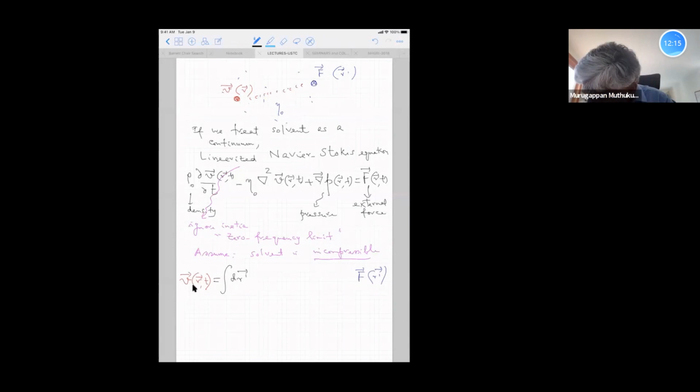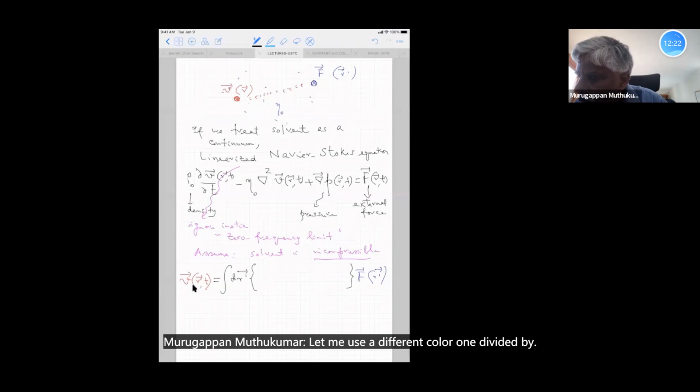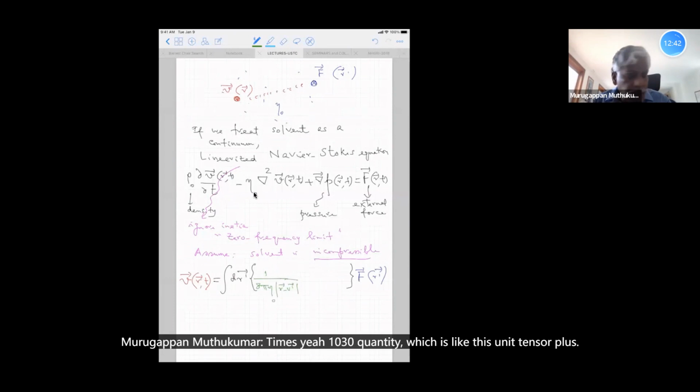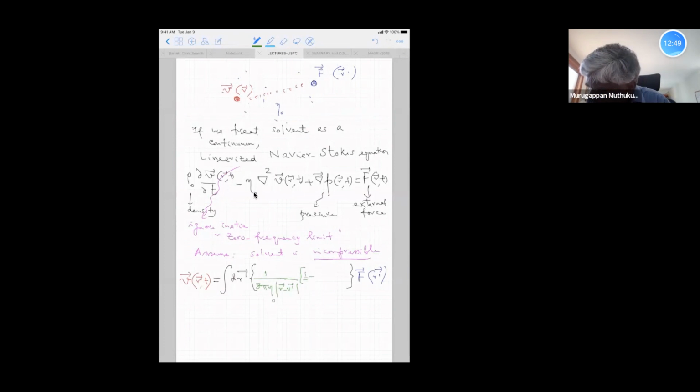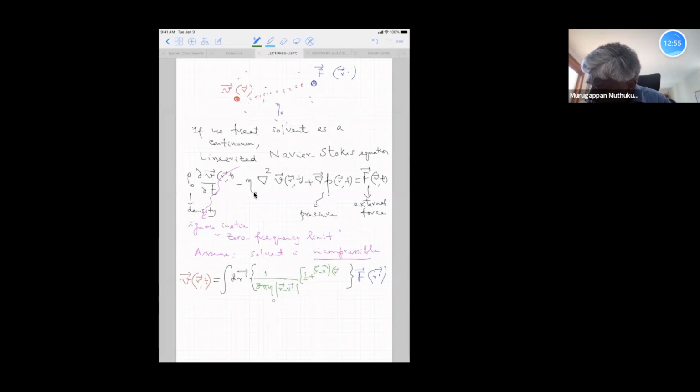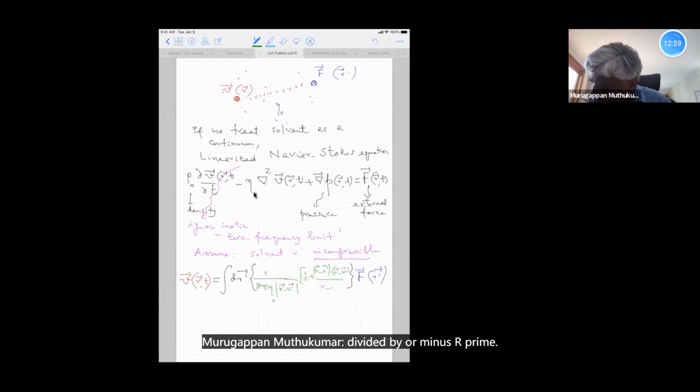I'm going to write it with this term, in a different color: 1 divided by 8 pi eta naught, where eta naught is the viscosity of the fluid, and then this quantity, modulus of R minus R prime, times a tensorial quantity, which is the unit tensor plus R minus R prime, R minus R prime, divided by modulus of R minus R prime squared. It's in the handout. That's a tensor.